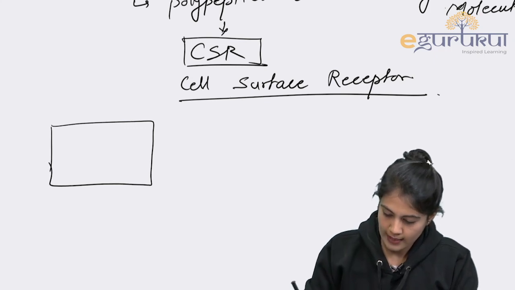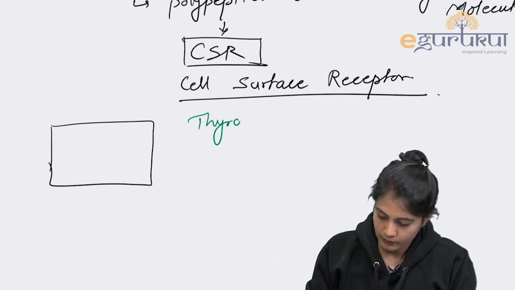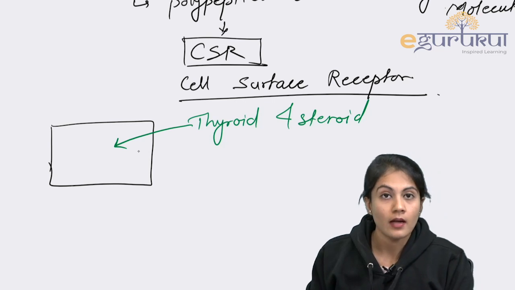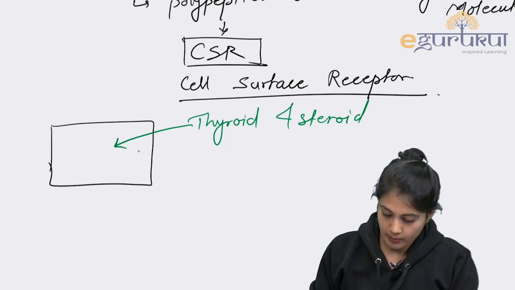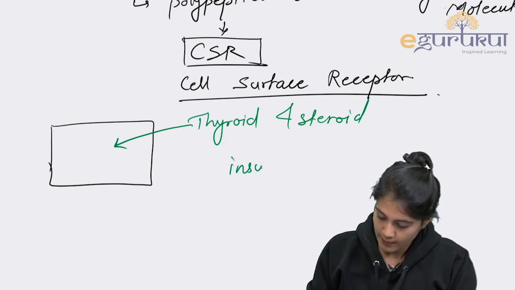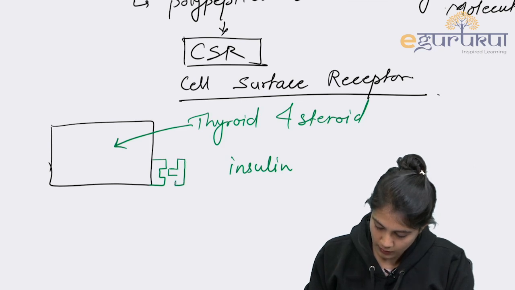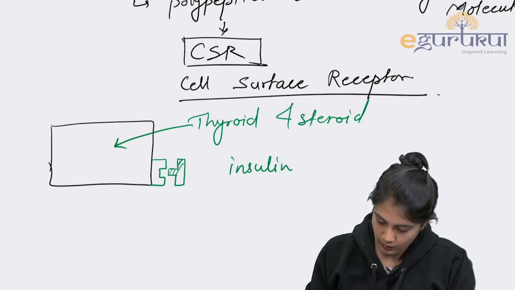For example, if I take the example of thyroid and steroid, they can go inside the cell and have their action, right? But if I take, for example, insulin, the insulin will go to its cell surface receptor and attach on that.